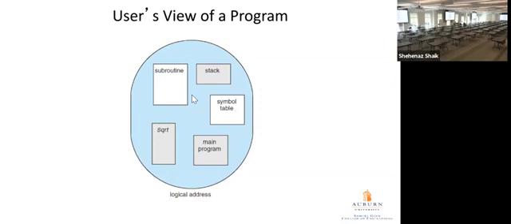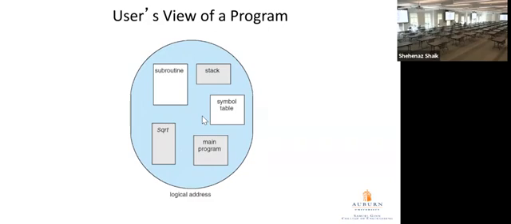And at the same time, as part of program execution, the memory requirements of any of these components may also grow over a period of time. For example, the stack may grow, as well as the heap segment for a particular process.